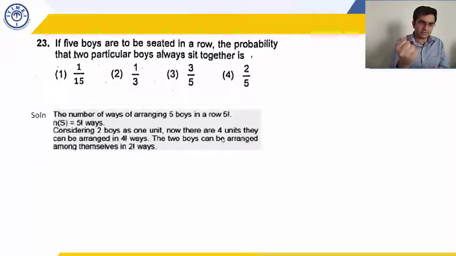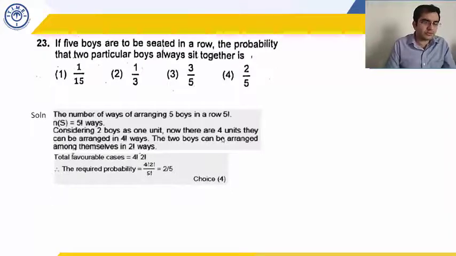These two are always together, and within themselves they can interchange their positions. That's how you get 4 factorial into 2 factorial. So the total probability becomes 4 factorial into 2 factorial divided by 5 factorial, and that is 2 by 5. 2 by 5 is the answer.